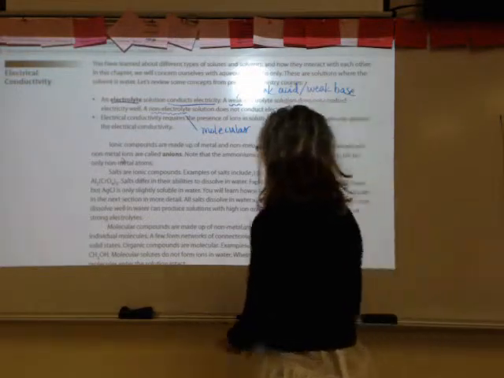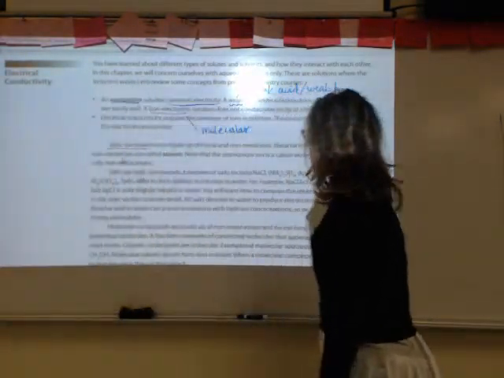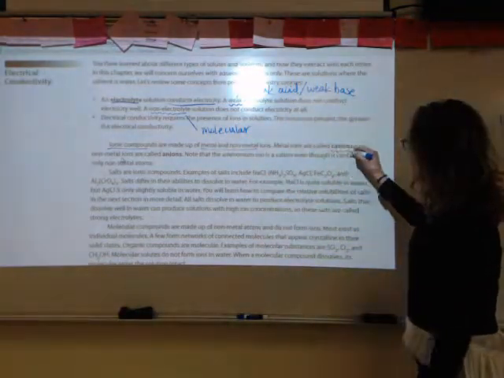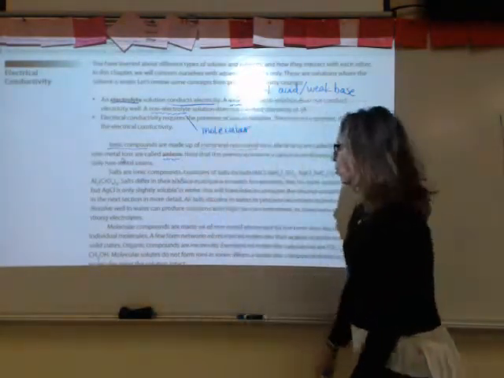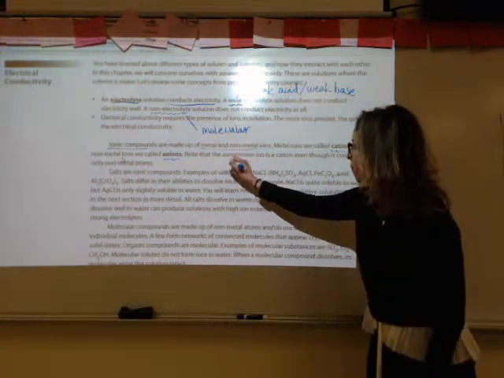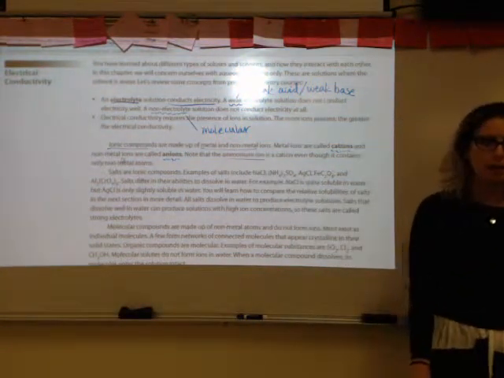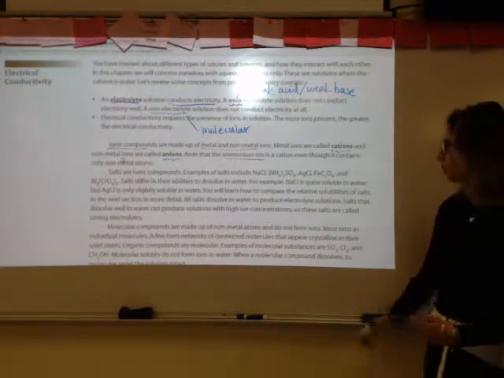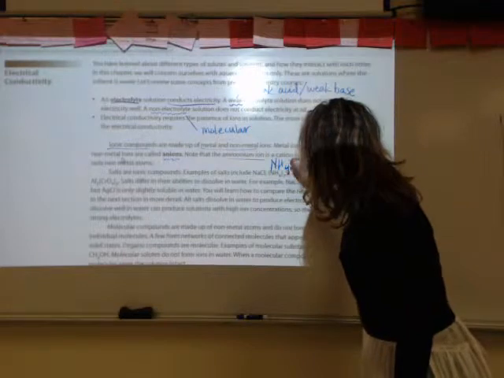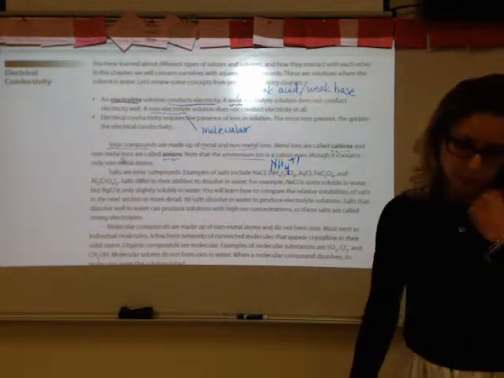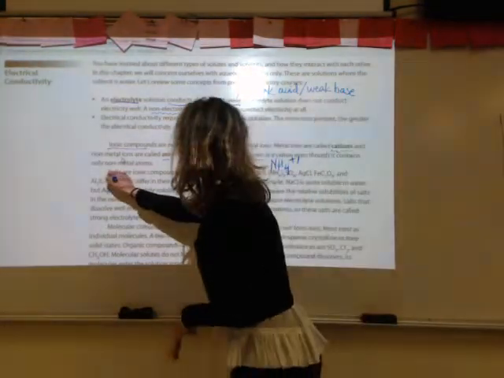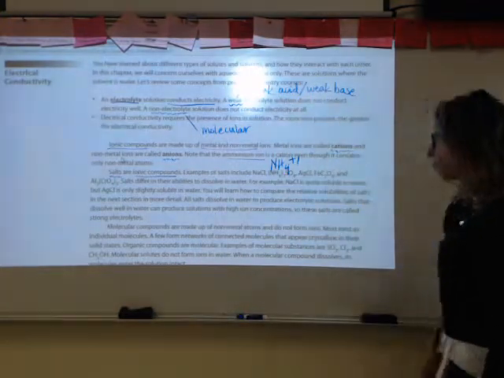Ionic compounds down here. Ionic compounds are made of a metal with a nonmetal or a cation and an anion. Remember, if you ever see the ammonium ion in a compound, it is a cation. Therefore, a compound containing the ammonium ion, which is NH4 plus 1, is ionic. Salts are ionic compounds.